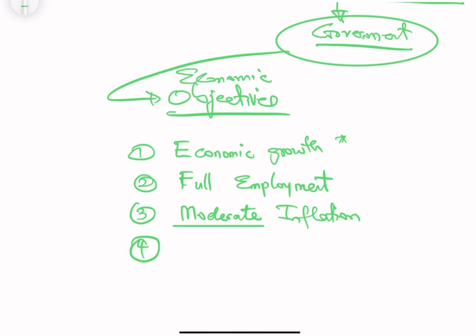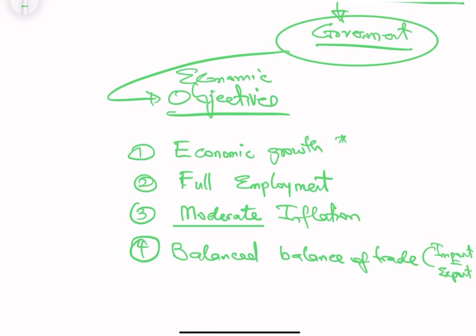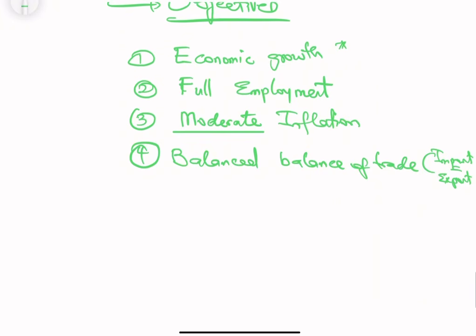And likewise, they want to achieve balance of trade, or some people call it balance of payment. That is talking about imports being equal to exports. So, naturally speaking, this is what they want to achieve.